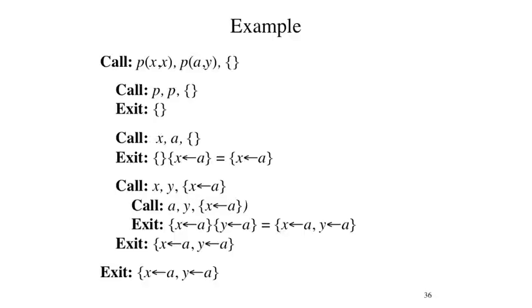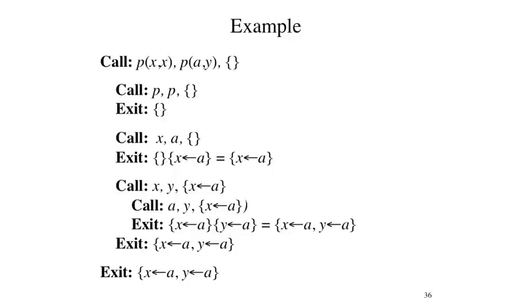Okay, here's another example. Consider unifying the expressions P of x x and the expression P of a y. Here's our trace. The main interest in this case is in the step involving x and y. So at this point, x has a binding to a, and so we recursively compare that binding of x, the replacement, which is a in this case, to y.